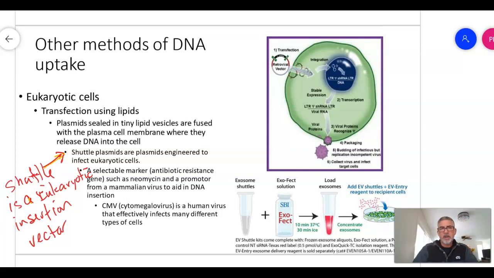Essentially, a shuttle is a eukaryotic insertion vector. It'll have all the same things, but usually I insert my shuttle by transfection. So transfection is my method of choice.